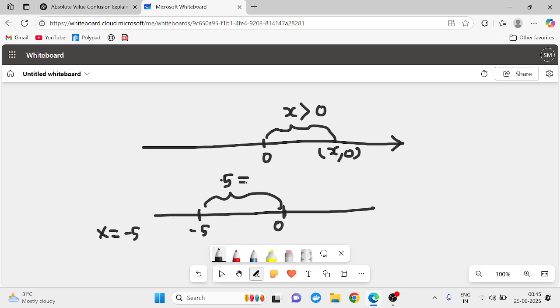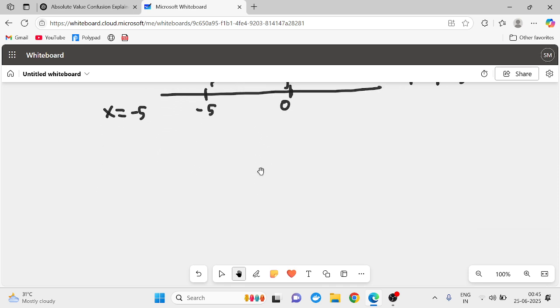So how is the positive 5 coming? It is the negative of a negative. So we write the absolute value of minus 5 is equal to 5. So we take a few more examples to understand better. So coming back to the conclusion, mod x is equal to minus x is true.